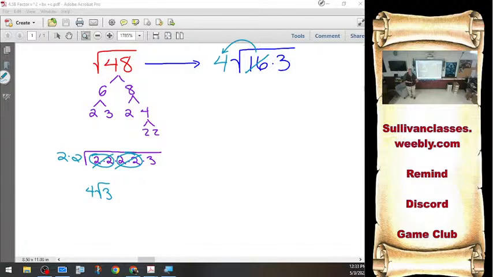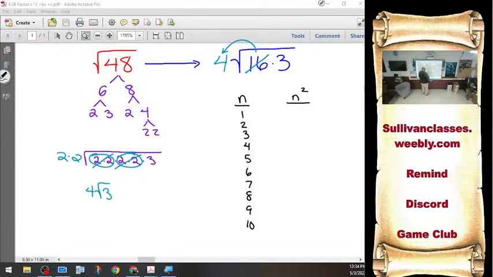I'm bringing that up because y'all got to know your perfect squares. If I have n and n squared, 1, 2, 3, 4, 5, 6, 7, 8, 9, 10, those you should know as just multiplication facts.